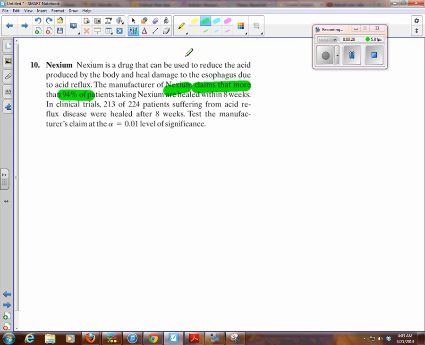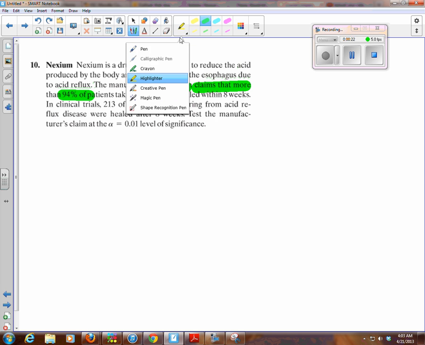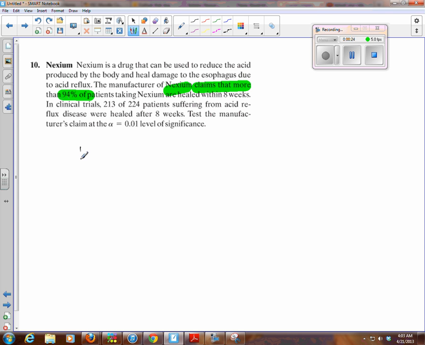Since we're trying to say that Nexium works better than that, our null hypothesis is that it doesn't work any better, and that the proportion of people being healed in 8 weeks is the same as the 94%. And then we're trying to show the research hypothesis that it's greater than that. So it's a one-tailed, right-tailed test.